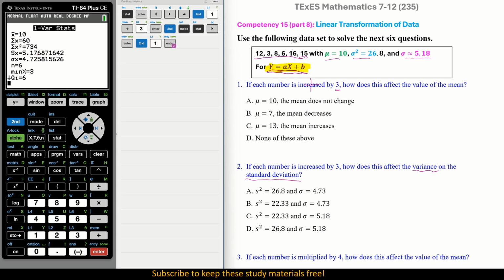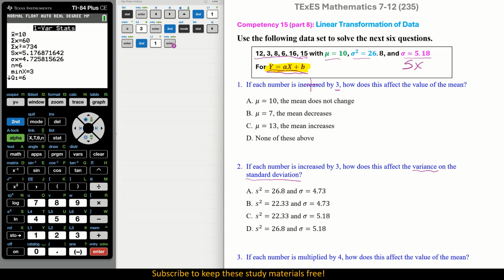Our mean is 10, and remember the standard deviation is actually Sx because it's a sample. When you see these notations, they may or may not be equivalent. In this situation, they're using them interchangeably, so we're going to go with what they have.